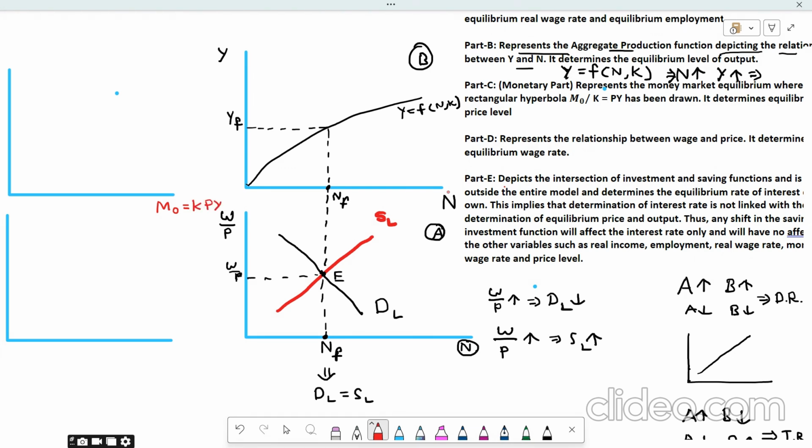You can go through the previous parts if you have doubt regarding this. That is the condition of money market equilibrium: money supply equals money demand.